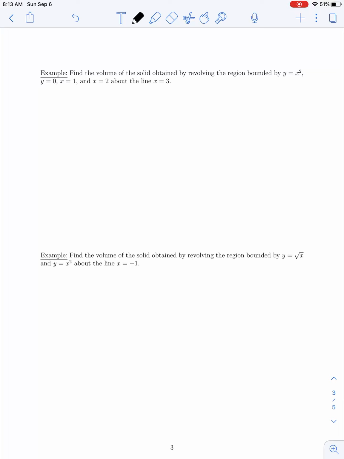Here we're looking at the region bounded by the parabola y equals x squared, which is a parabola whose vertex is at the origin, opening upward, and the line y equals 0, which is the x-axis already shown.